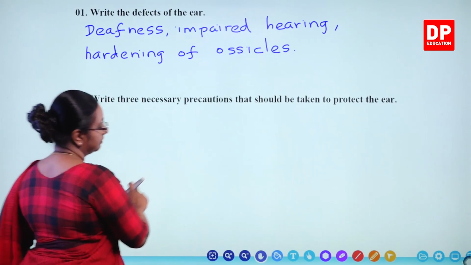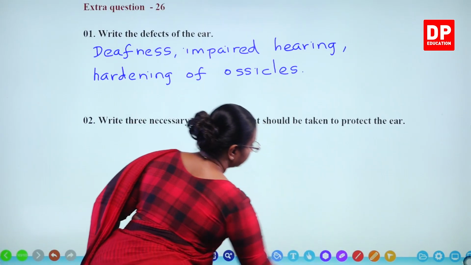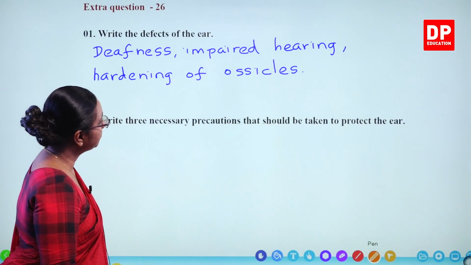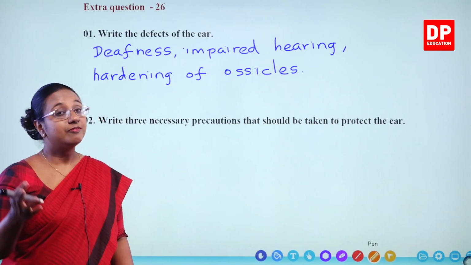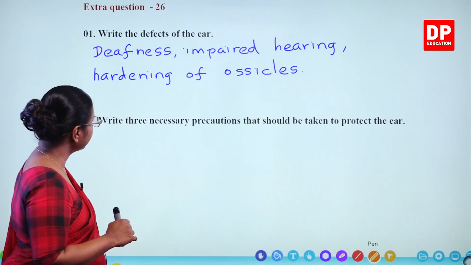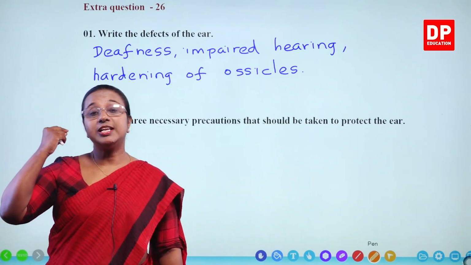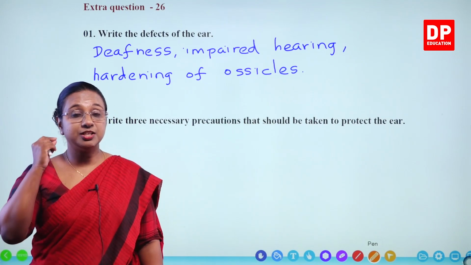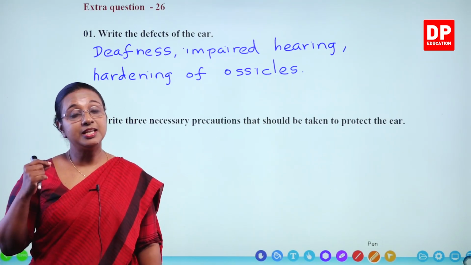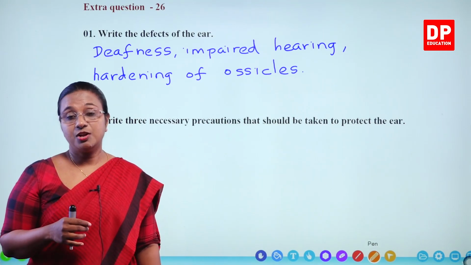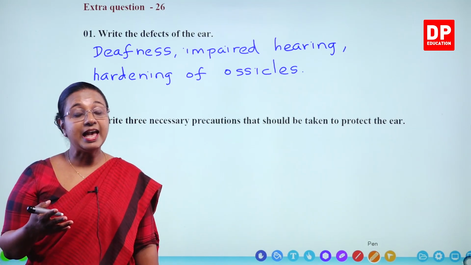Then write 3 necessary precautions that should be taken to protect the ear. What are the necessary precautions? You should not insert any foreign objects into the ear. You should not put any medicine into the ear without doctor's advice or medical advice.